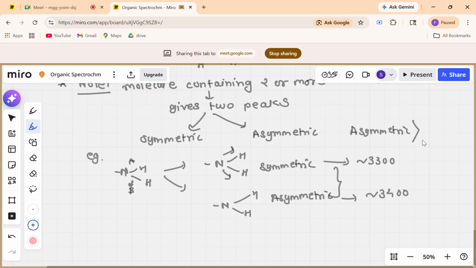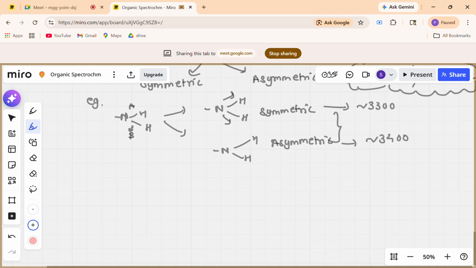Generally remember that, with some exceptions, in most cases you will observe that the asymmetric stretching value will be greater than the symmetric stretching value. Usually you will observe this characteristic between the stretching frequencies.